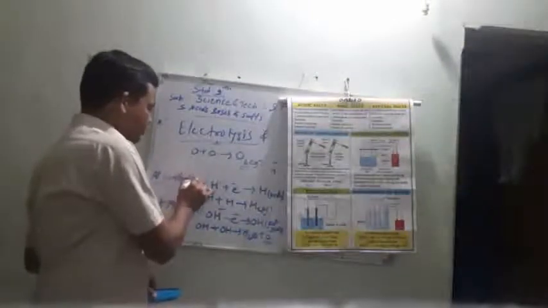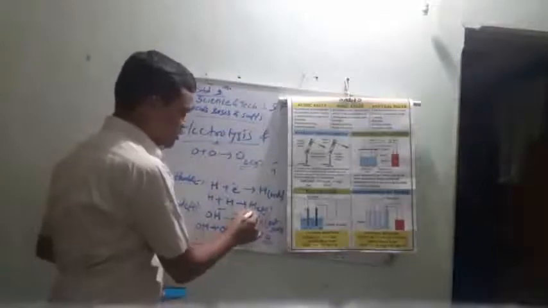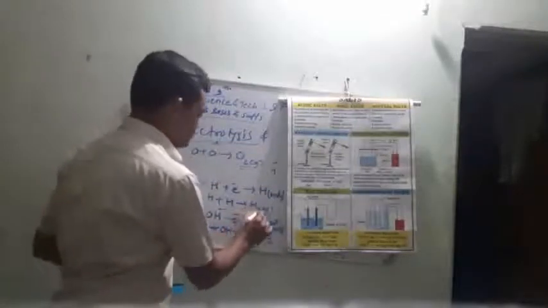So in this way, at the anode there is a formation of oxygen gas, and at the cathode there is a formation of hydrogen gas. So this is called electrolysis of water.